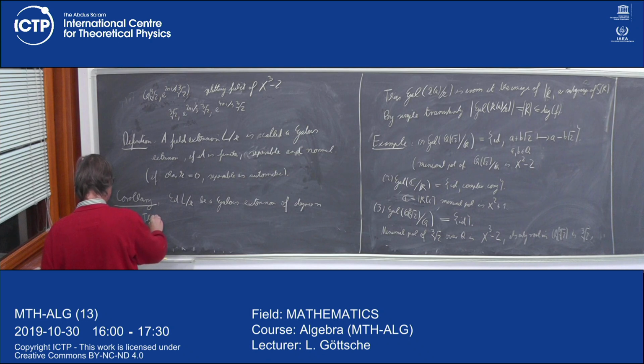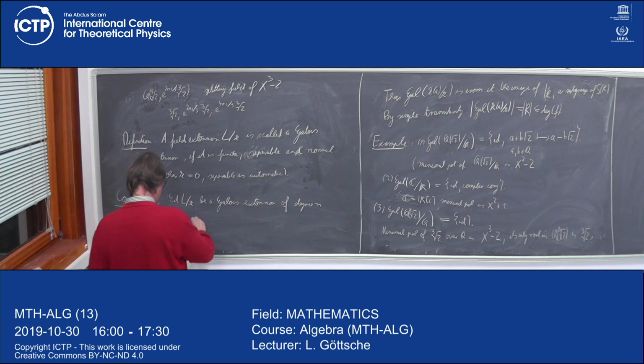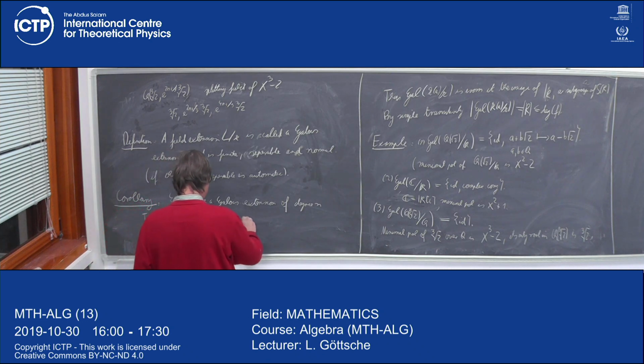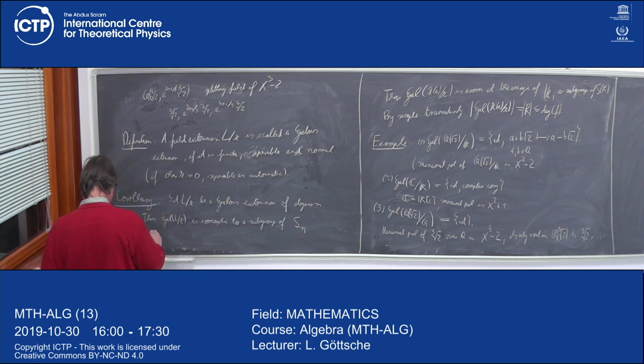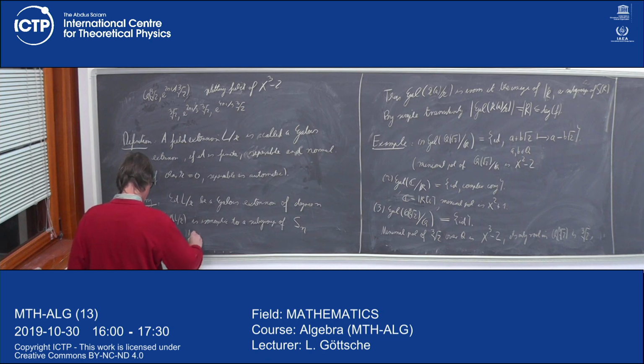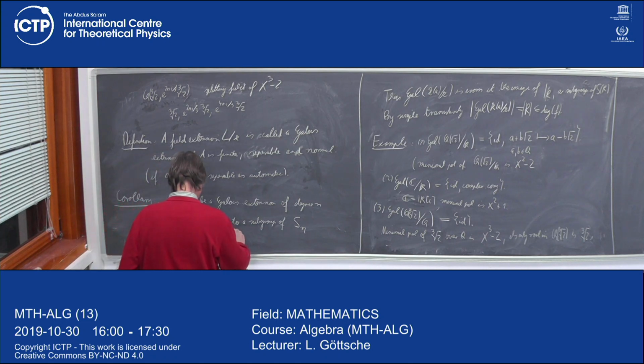Then the Galois group of L over K is isomorphic to a subgroup of the symmetric group in n letters, S_n, which acts simply transitively on the numbers 1 to n.